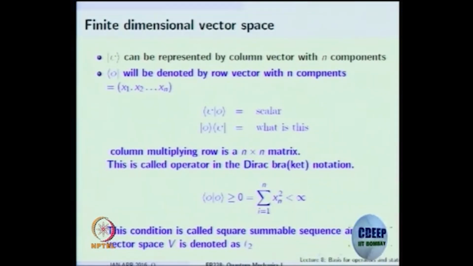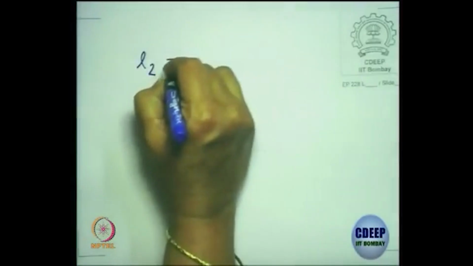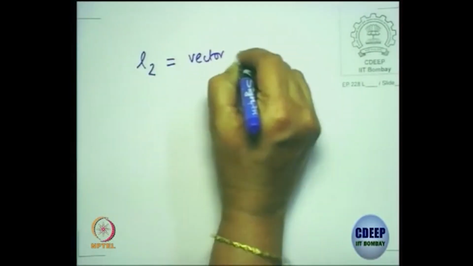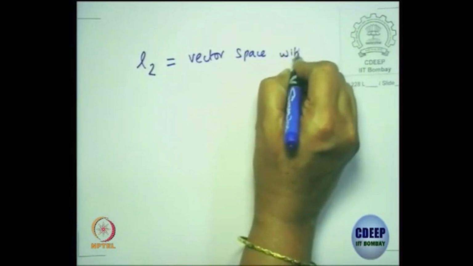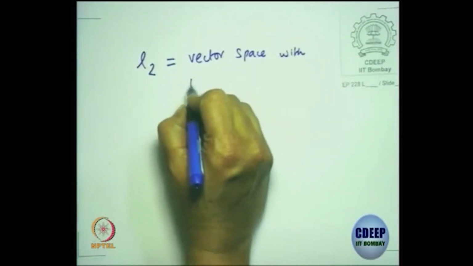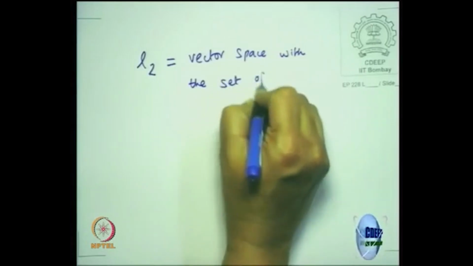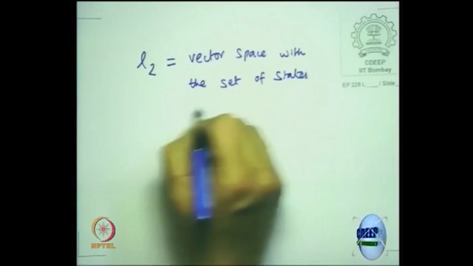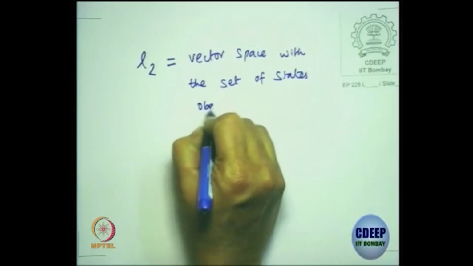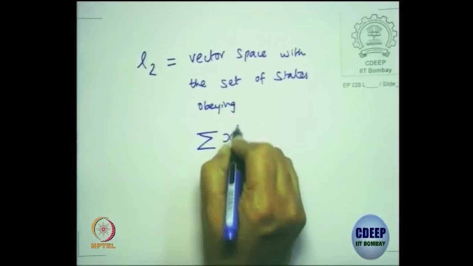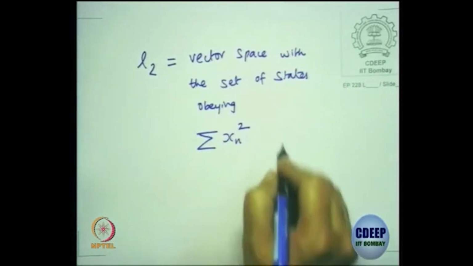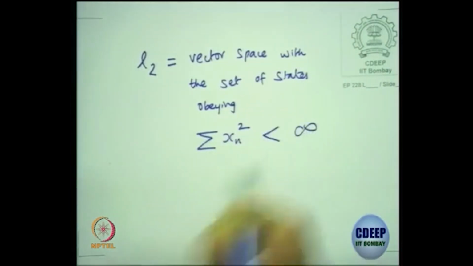So, L2 is a vector space with a set of states obeying the summation over xn squared being less than infinity.